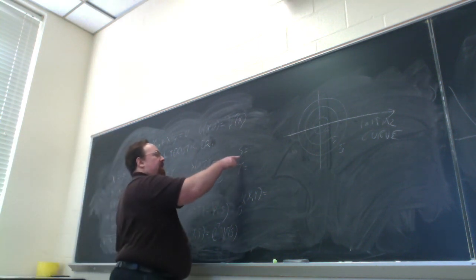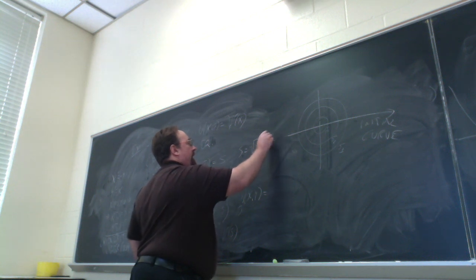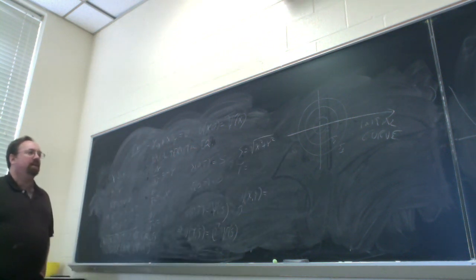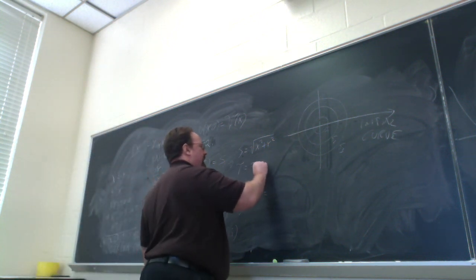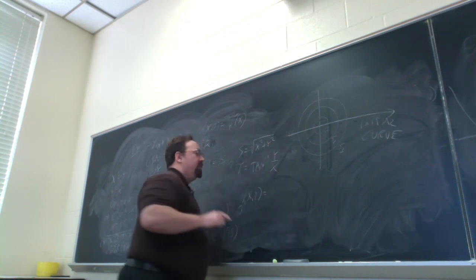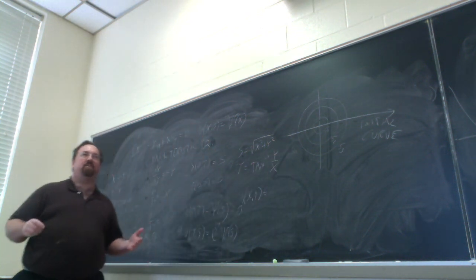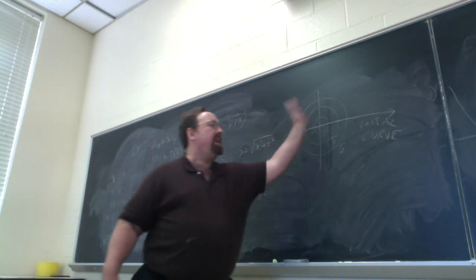Square root of x squared plus y squared. And what about the other one? Inverse tangent of y over x, assuming x is positive. So by choosing this, we're restricting ourselves to the right half plane.